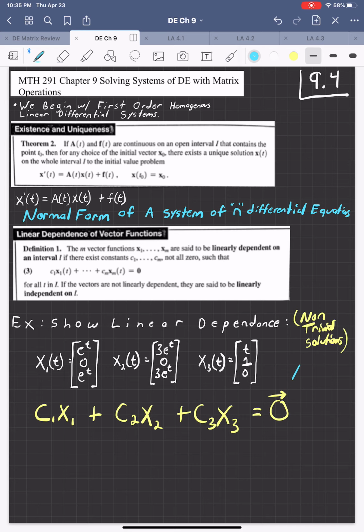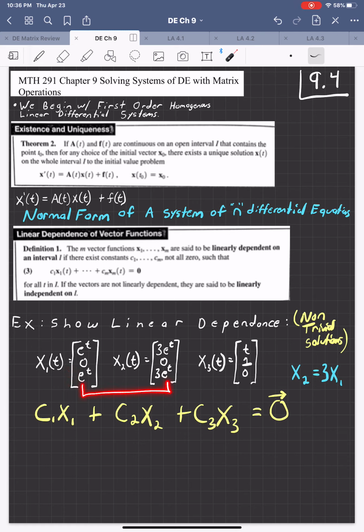What I'm going to notice is that x sub 2, I can get to x sub 2 by just scaling x sub 1 by 3. If I did 3 times x sub 1, this would end up being 3 e to the t times 0 and then 3 e to the t.